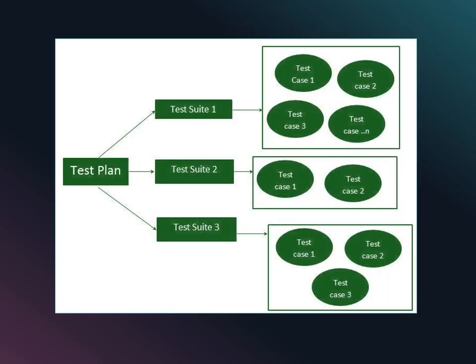Now, this is the diagram which shows the test plan, test suite, and test case. Test plan is a document describing the testing scope, test approach, resources, schedule of intended test activities, etc. Test plan will have several test suites and each test suite has n number of test cases.